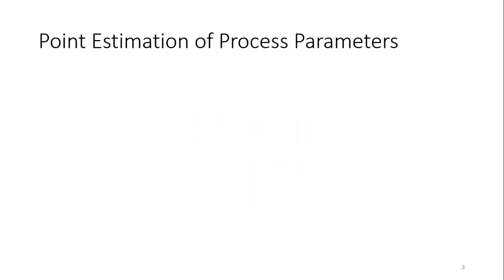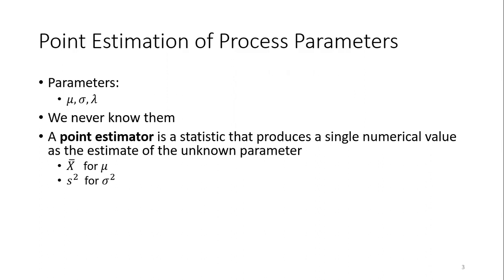So the point estimation of a parameter of a statistical distribution is, well, it's a statistic. Remember, what's a statistic? A statistic is a function of the observations. So it's a statistic that produces a single numerical value as the estimate of the unknown parameter.